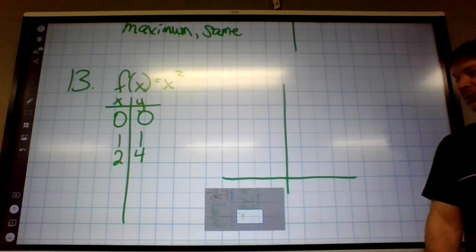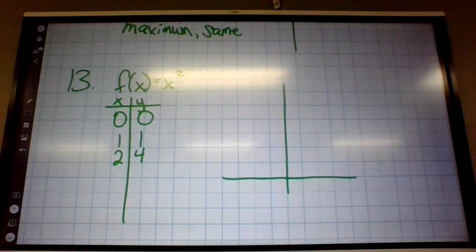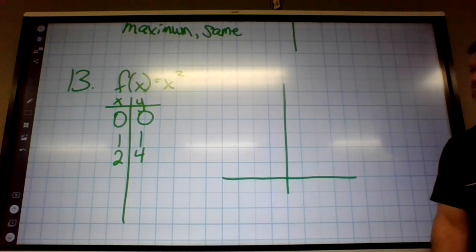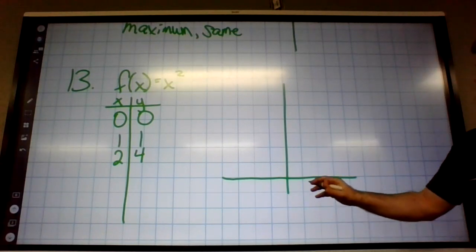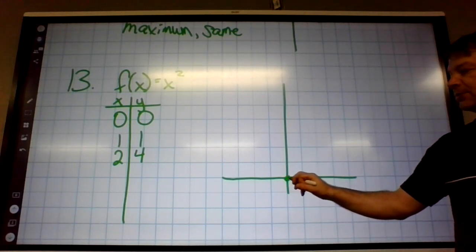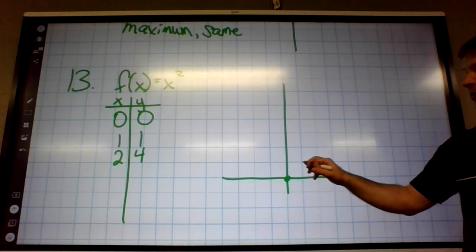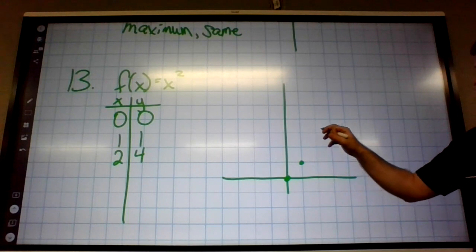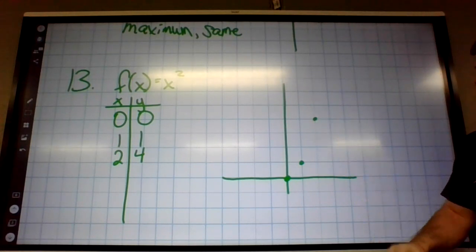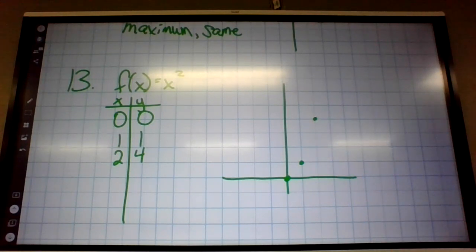So you might make your picture look like that. Okay, so 0, 0, right there, the origin, 1, 1, and 2, 4. So I just found one side.